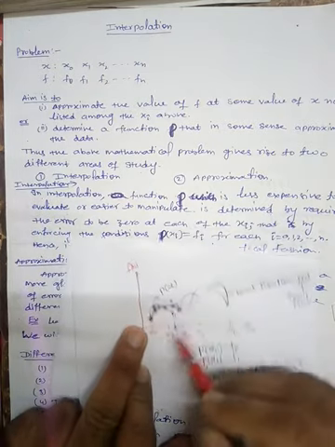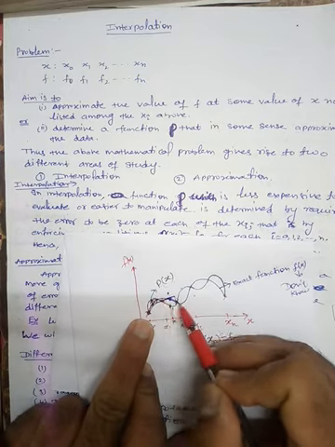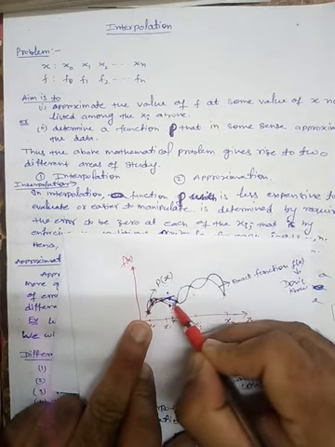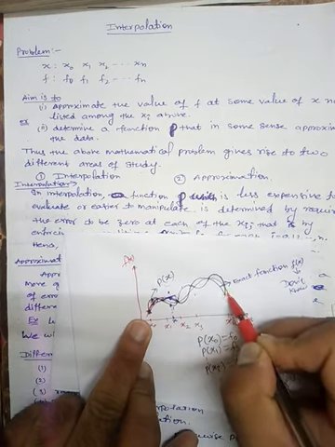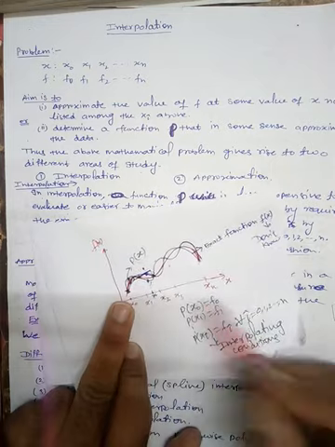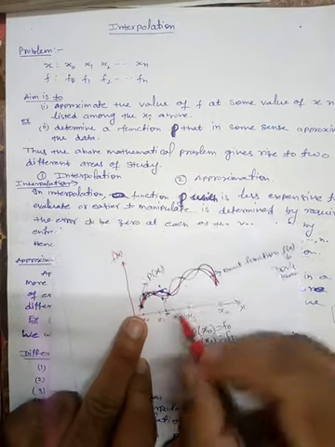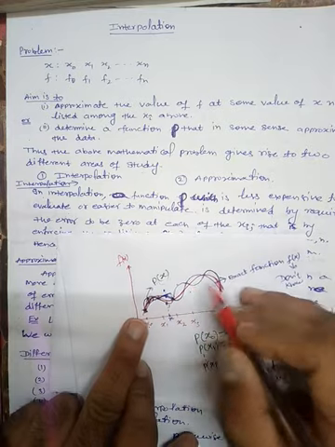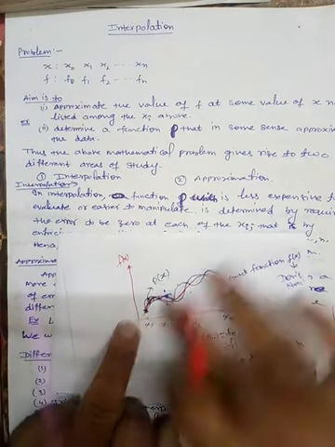We are not interested in a function that covers all the node points. There is no need, but we are trying to cover most of the points nearby. So this is another way.